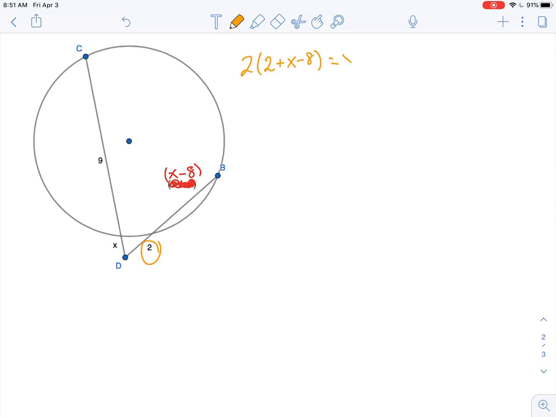So I changed this problem as well. I did x minus 8 instead. And let's do the same thing. Part outside the circle times the whole secant. Just add the 2 parts.